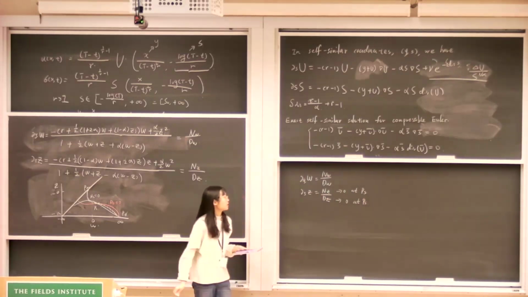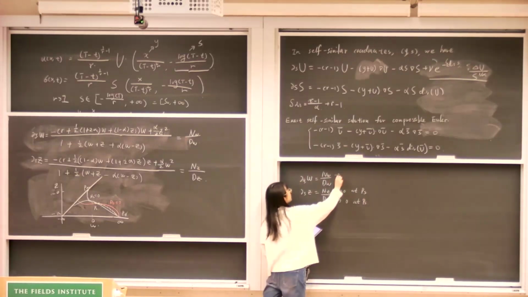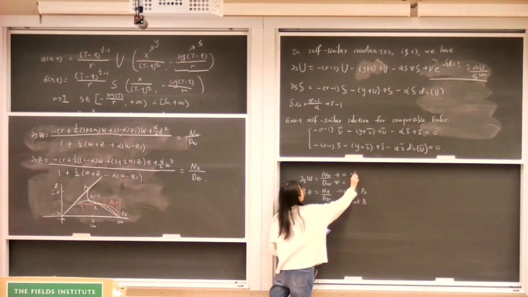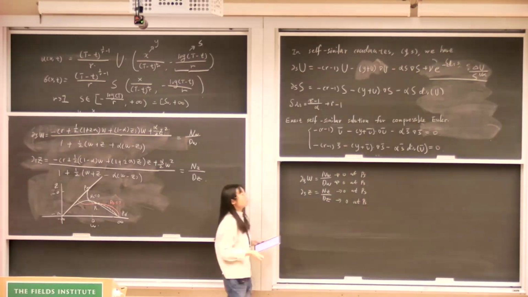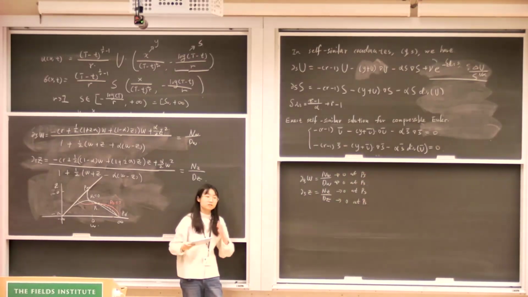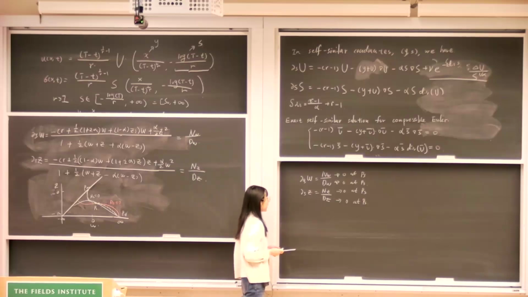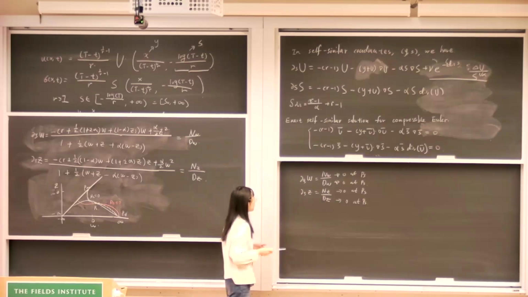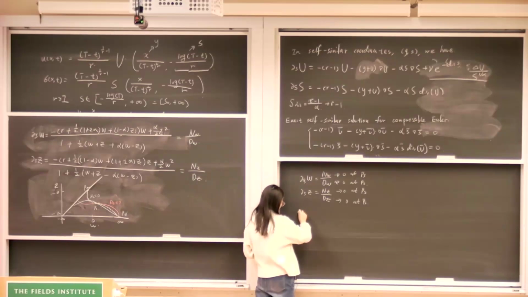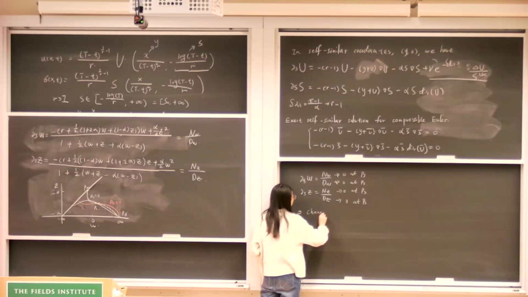So this is where the singularity happens, and this is not equal to 0. So W is always smooth, but Z may have some singularity. To see the fact that it is actually an attracting node, you do a coordinate change.